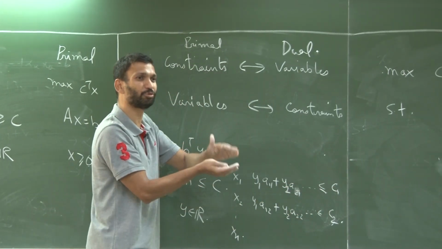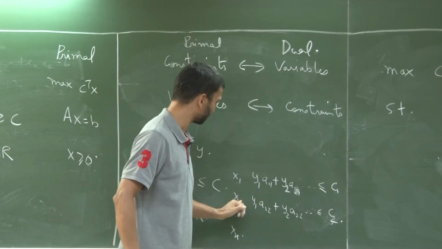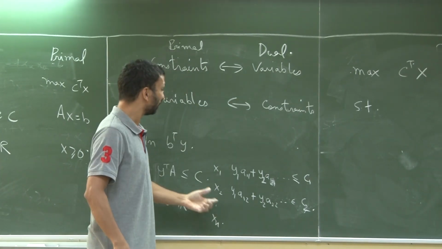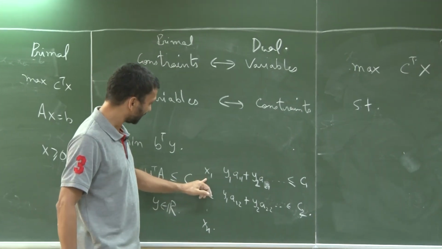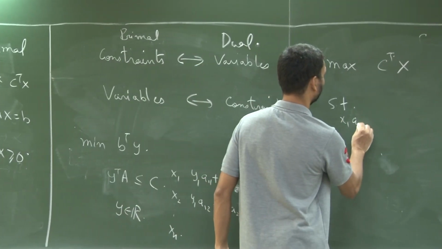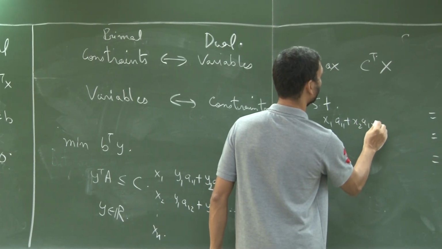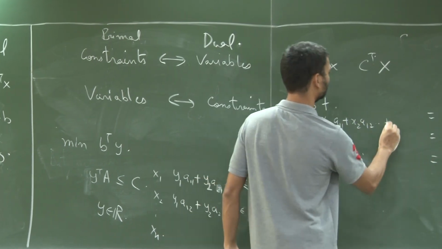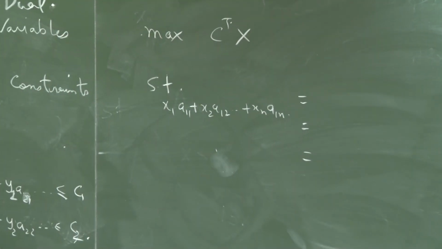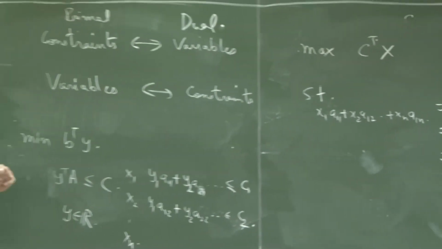That would be x1 times c1, x2 times c2. So C transpose x, right? What is my constraint? x1 times a11 plus x2 times a12 plus xn times a1n should be this.